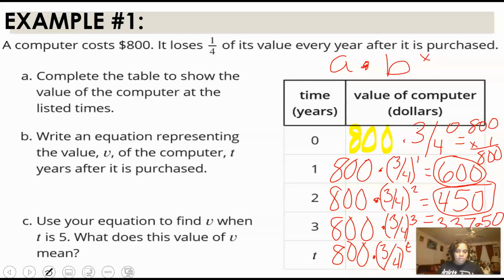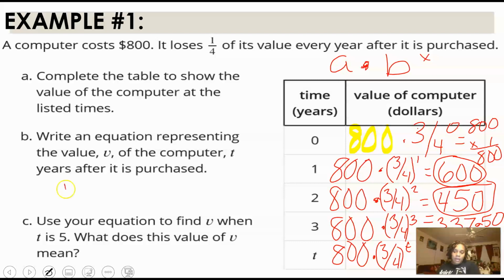And that's what it would look like. So use your equation to find v when t is 5. And you could use this same equation here. And what would the v mean? Write an equation representing the value v of the computer t years after it is purchased.